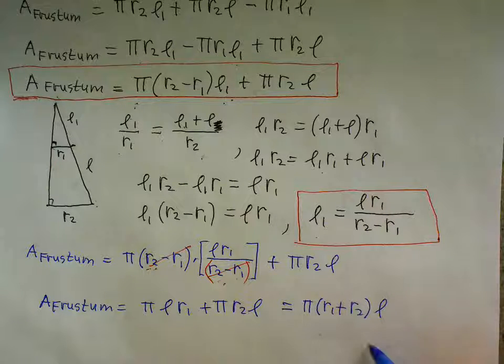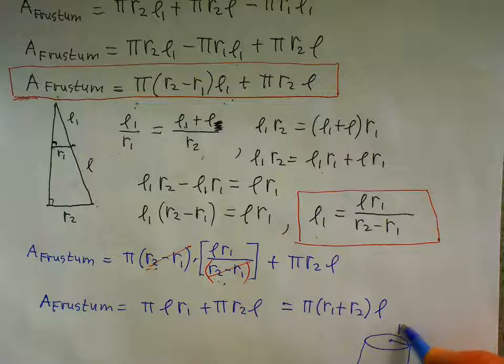Just to point that out, if we have a frustum, we can find the radius of the top, r sub 1, and the radius of the bottom, r sub 2, and the length of the side, L, then the area is just pi times r sub 1 plus r sub 2 times L.